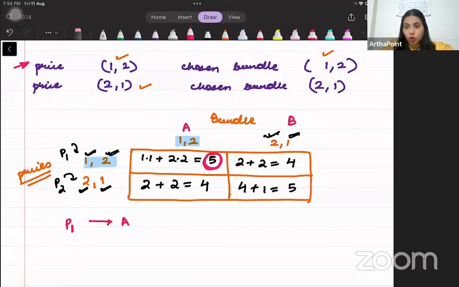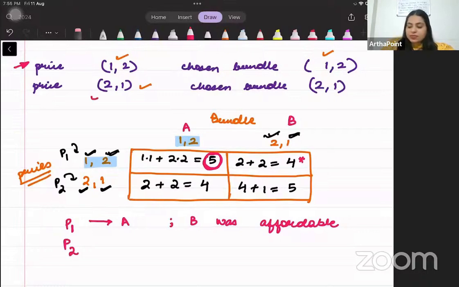So when you chose A, B was affordable. B is only costing you 4 rupees at these prices. So B was affordable, and I will mark a star to show that it is affordable. Now, look at price bundle P2.